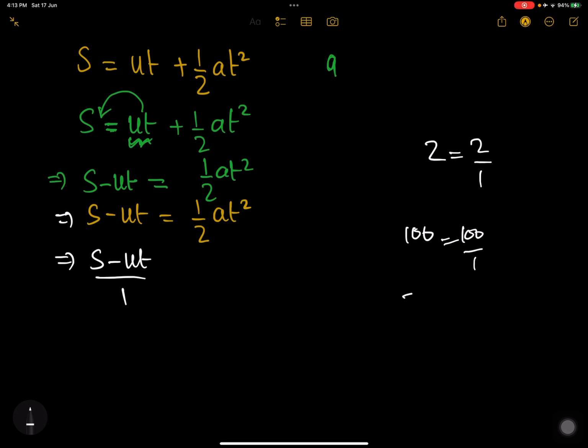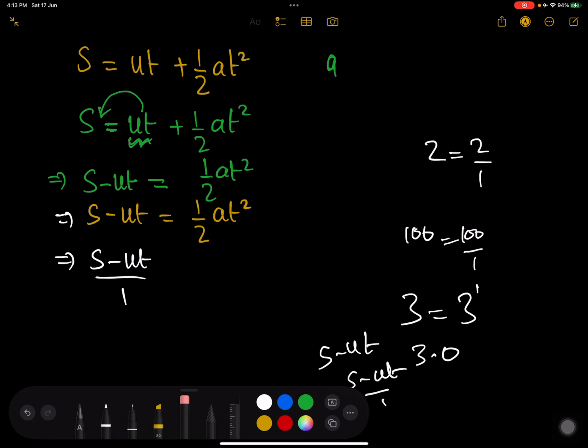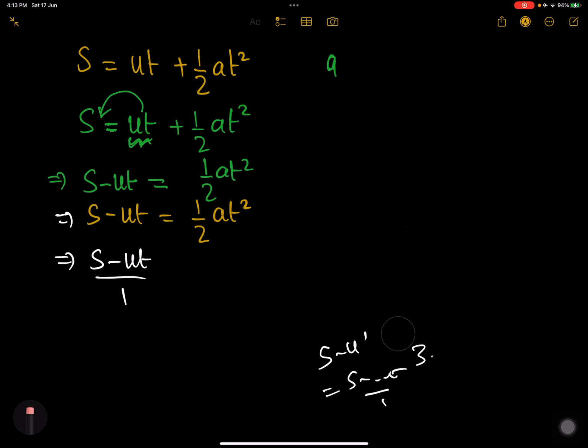If you have 3 and I say write 3 in terms of an exponent, it's going to be 3 to the power of 1. If I say write 3 as a decimal, it's going to be 3.0. So it's the same thing. We can write s minus ut as a fraction as s minus ut over 1. I hope that clarifies why we are doing that.